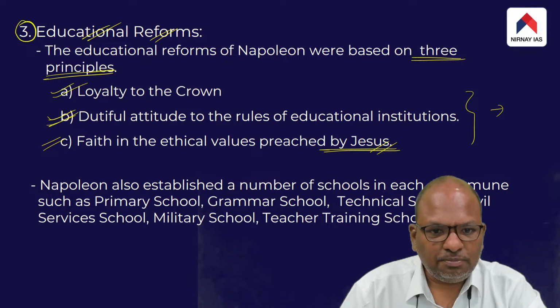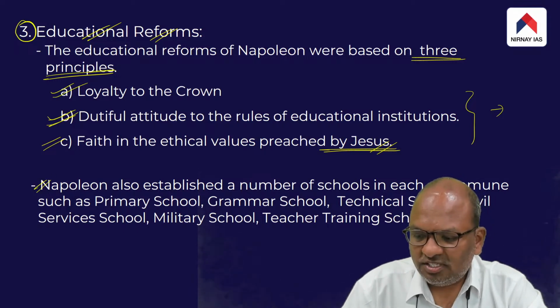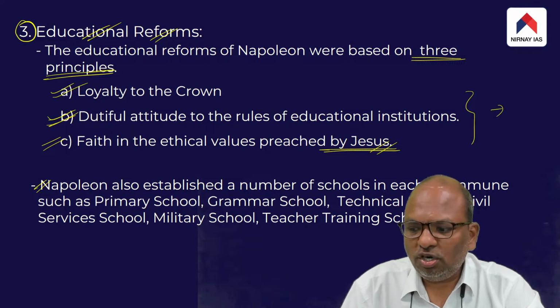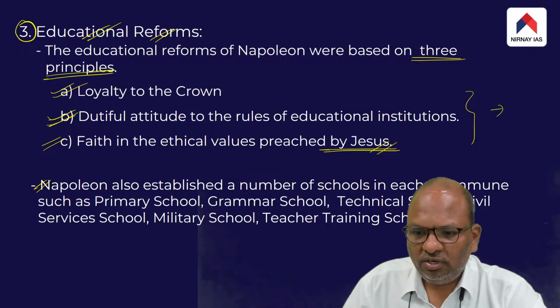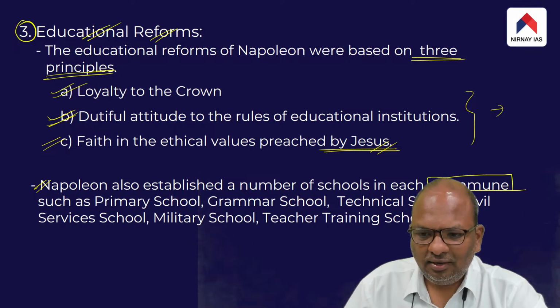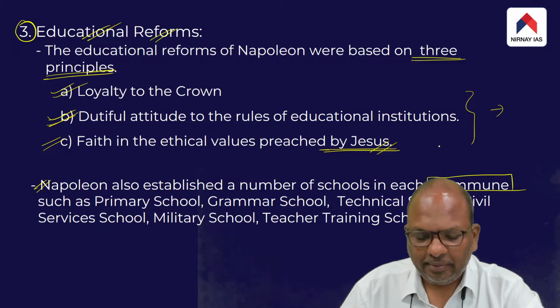As part of his education reforms, Napoleon started establishing a host of schools at the level of each commune. A commune is basically the lowest administrative area in France at that point of time.